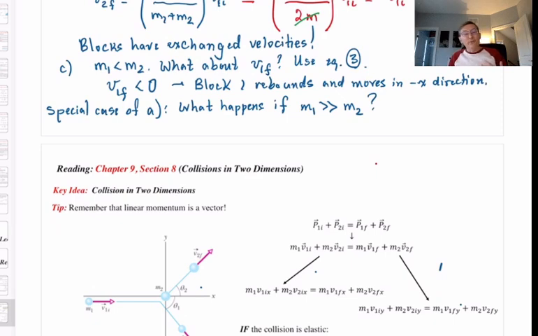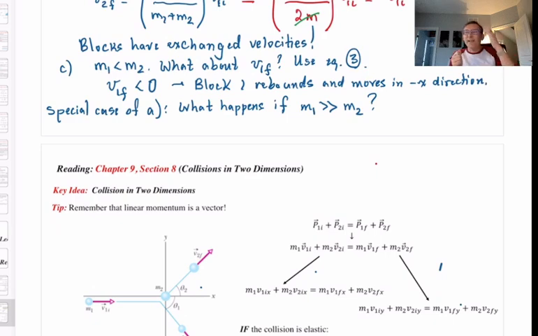Well, it's got to be true that M1 then continues moving forward in the plus x direction. You can look at equation 3 and convince yourself that would be true. What I'm really interested in is block 2. Block 2 is about to get pounded by the first block, right? First block has a lot of mass compared to the second one. All right?